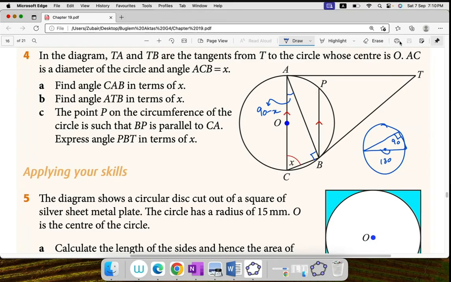Is it not 180 minus 90? So it is just, yeah. Okay, so 90 minus x.